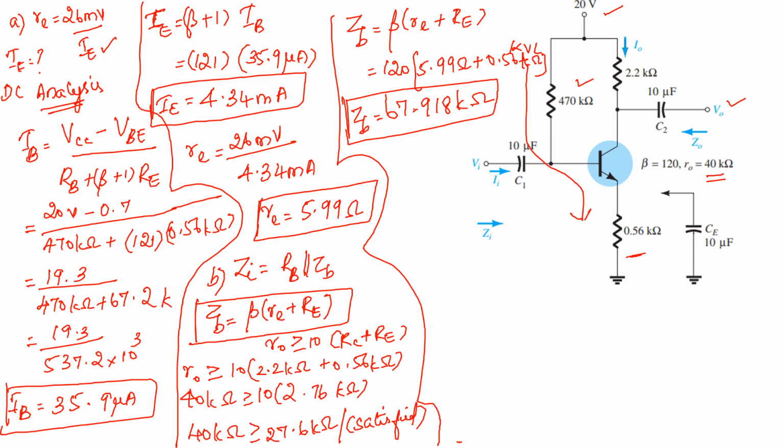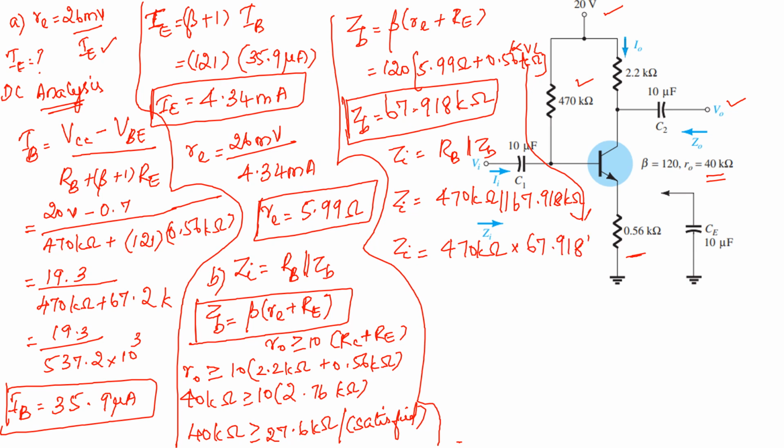Now can you apply it in the formula? Zi is equal to RB parallel to ZB. RB is equal to 470 kilo ohm, parallel to ZB, 67.918 kilo ohm. So I can write Zi is equal to 470 kilo ohm into 67.918 kilo ohm divided by 470 kilo ohm plus 67.918 kilo ohm. So what will be your answer?